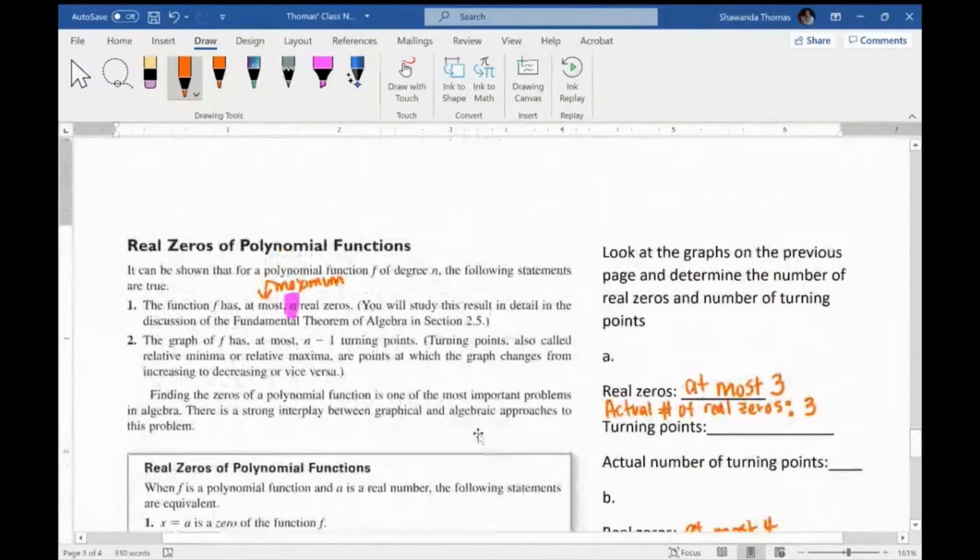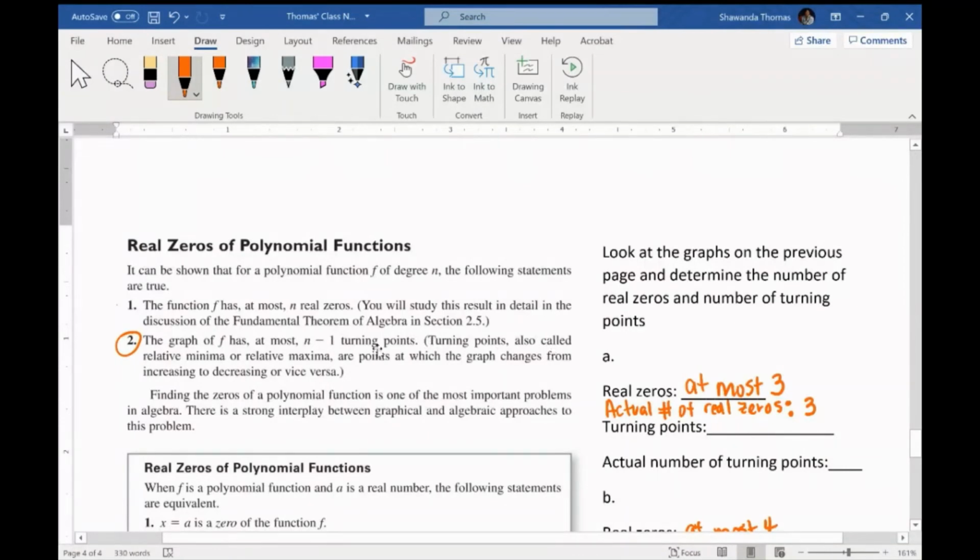Moving on. Next statement. Number 2. The graph of f has at most n minus 1 turning points. It's always going to be at most n minus 1 turning points.